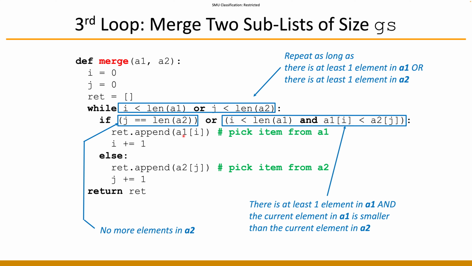And because you processed an element in A1, you increase I's index by 1. Then if both conditions are not true, it basically means that the only feasible list that you should get an element from will be A2, right? So in the second case, you get an element from A2, so you increase the counter J by 1.